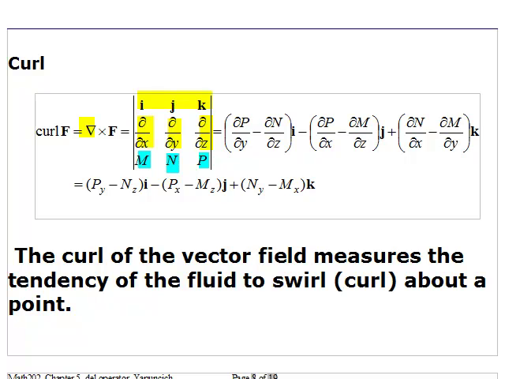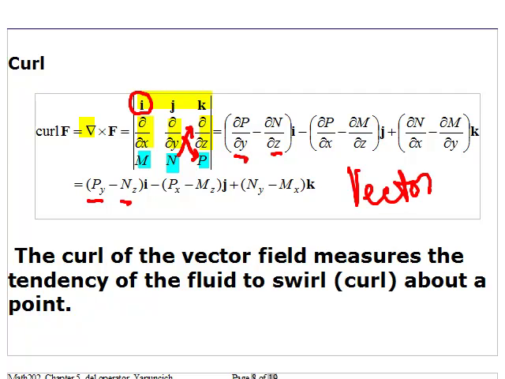Then when we take this determinant, let's say for i, then it is the partial with respect to y applied to p, or you can write it p sub y. Going in the other direction, it's the partial with respect to z of n, n sub z, etc. for all these different terms. So you're taking derivatives as you go, and you take the determinant like you would do normally. The end result is a vector.